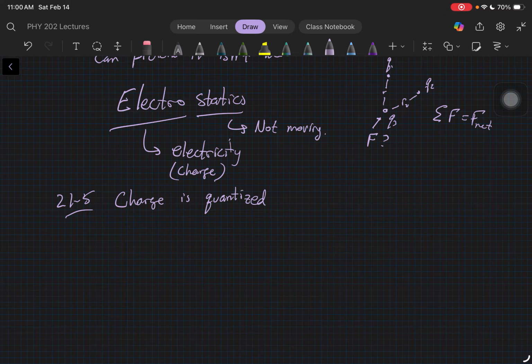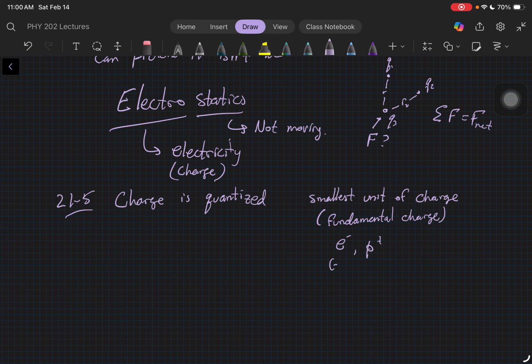Charge is quantized. So the fundamental charge is going to be either the electron or the proton, right?